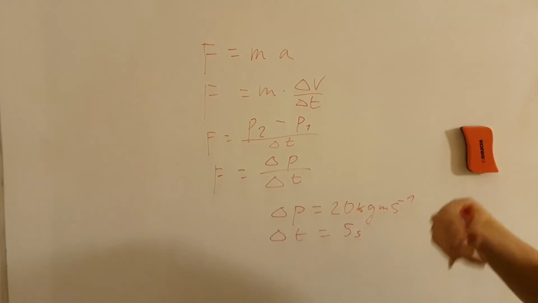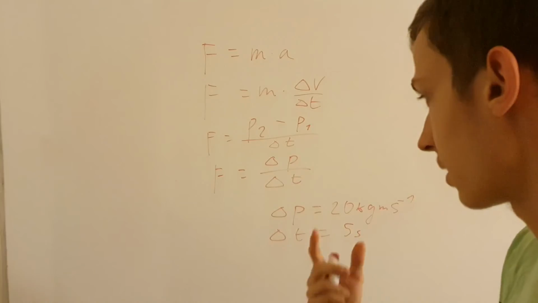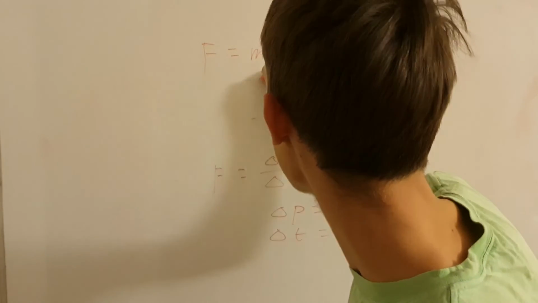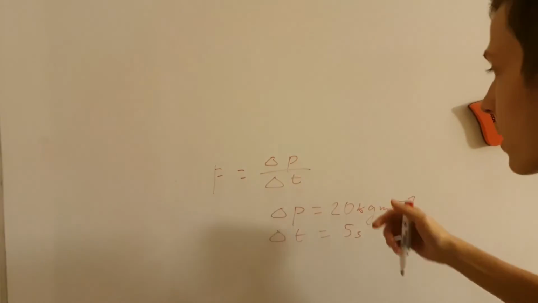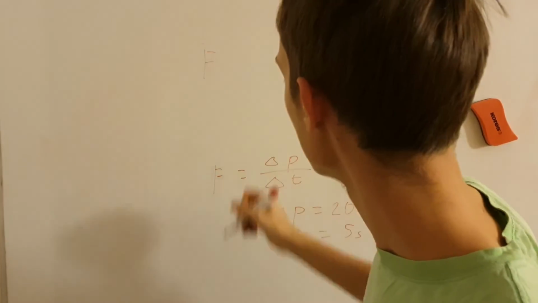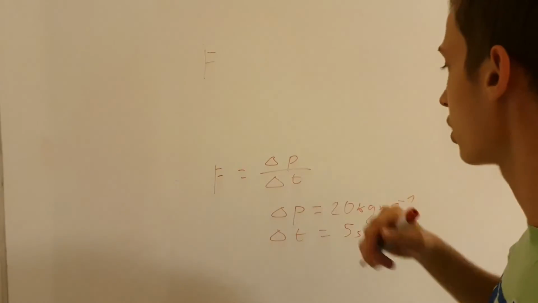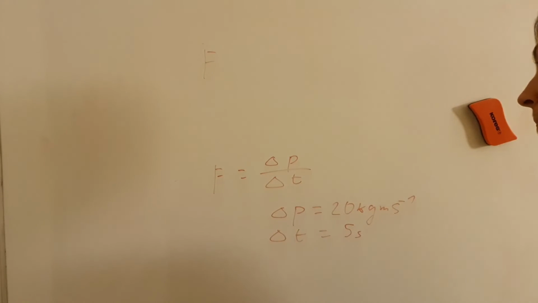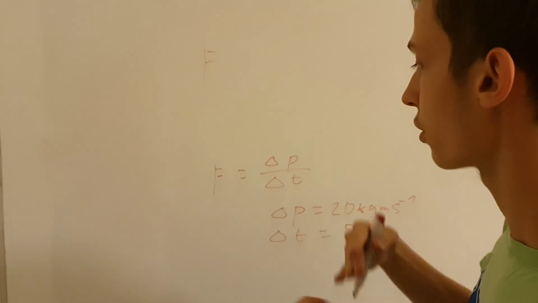In such case, what would be the net force in such a scenario? Well, I can calculate it very easily straight from this formula that I just derived. And what this formula says is that net force is equal to the change in momentum over the change in time. And I can even use this formula to further derive another one.